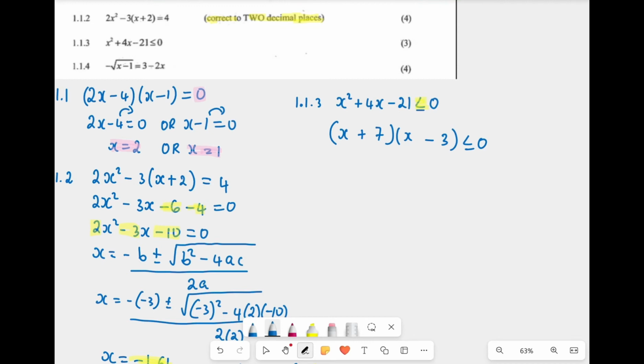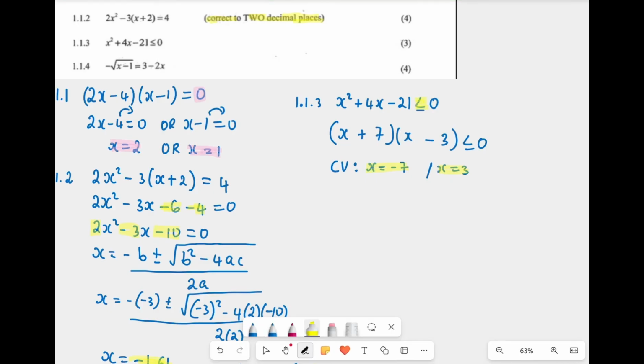Now, our critical values here are x = −7 or x = positive 3. This is not your solution as yet; for now, we have critical values. Now, I can conclude using a number line, or I can draw a parabola that is concave up.